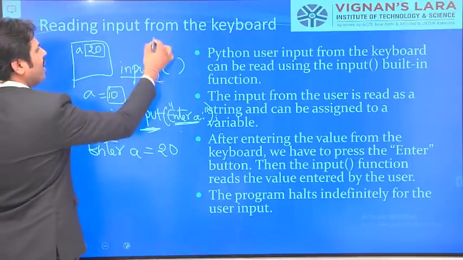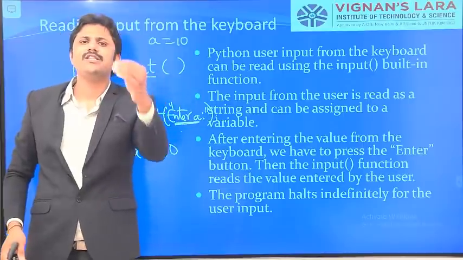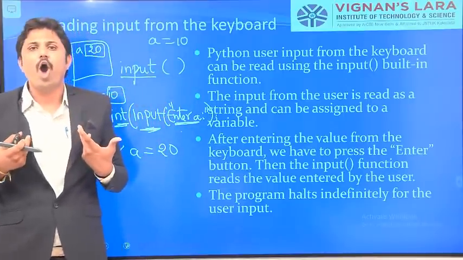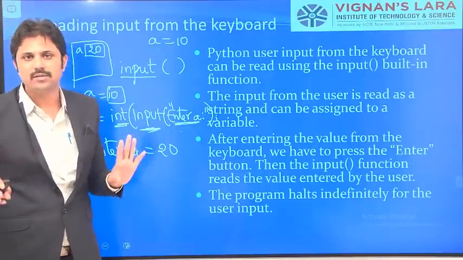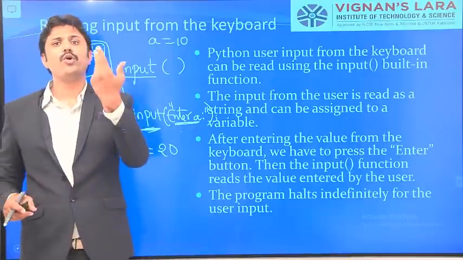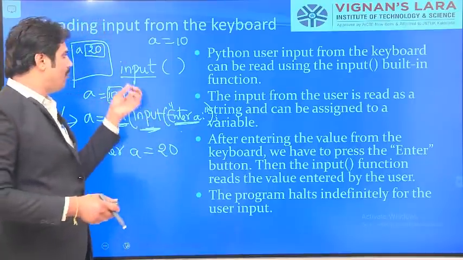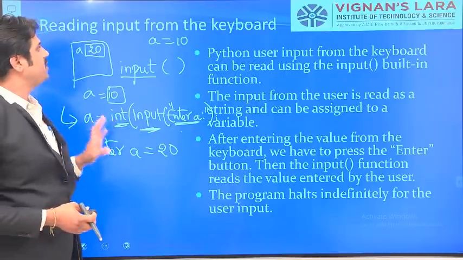Previously, if I write a statement a equals to 20, a always contains 20 only. We don't have an option to change it. Here you have to give your own value to a. That is the difference.